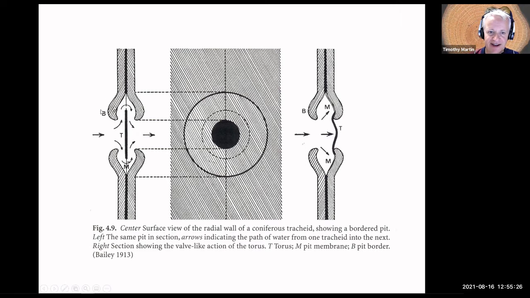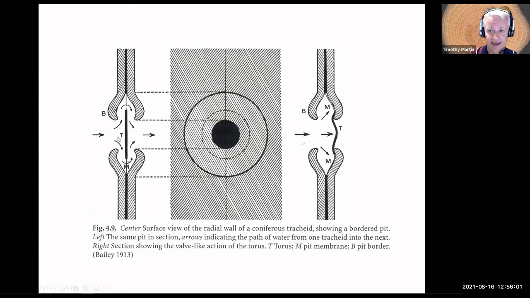So this is one tracheid on this side, this is another tracheid on this side, and the pit actually has a torus margo structure in it. That torus margo structure together forms what's called a bordered pit. That torus margo structure allows that pit to have a safety valve. So if we get air bubbles in the water stream in xylem, that clogs water transport and will stop water transport.